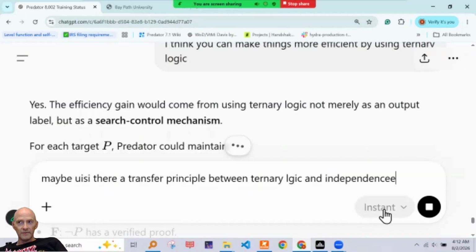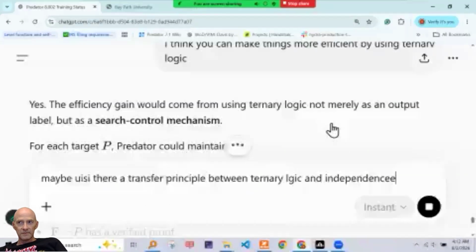That would be cool if there was a transfer principle between ternary logic and independence.